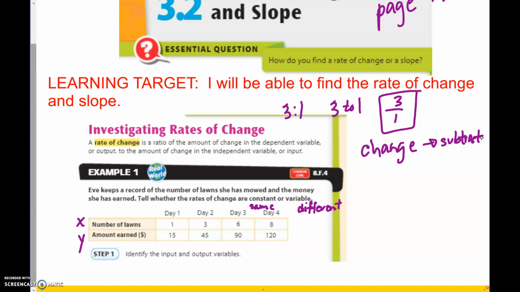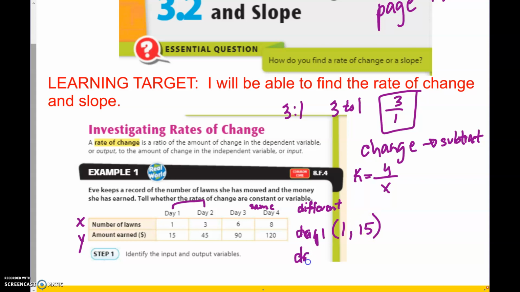All right, so remember when we did these and we were talking about that K value yesterday, we put the Y on top and the X on the bottom. So if we want to find the change from day 1 to day 2, we are going to be using these numbers. Day 1 ordered pair is 1, 15.